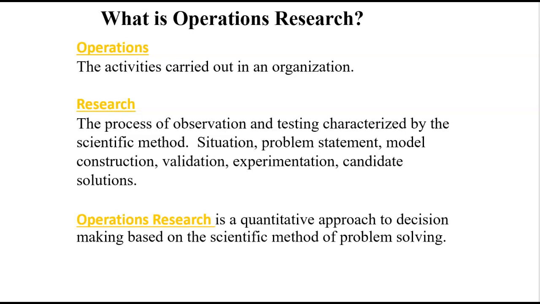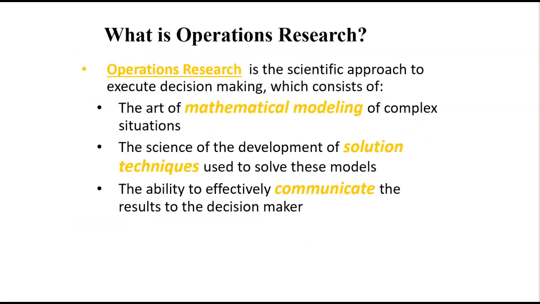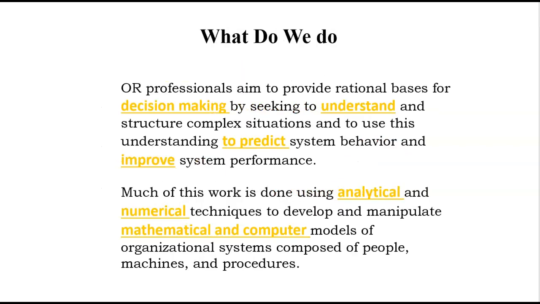That's what we call operations research. So, operations research is that approach, this mathematical model, scientific approach to decision making. We're going to talk about what that math model should look like along the way.